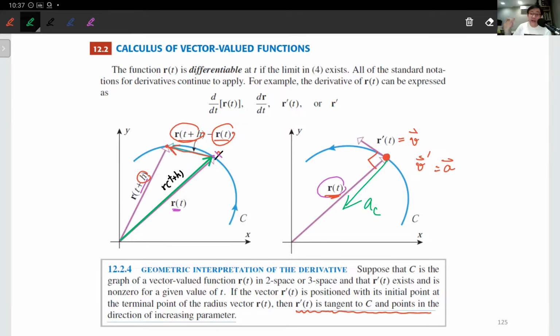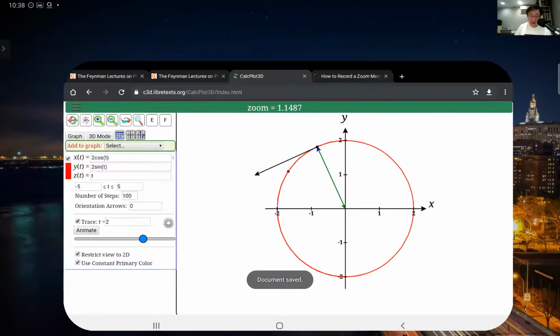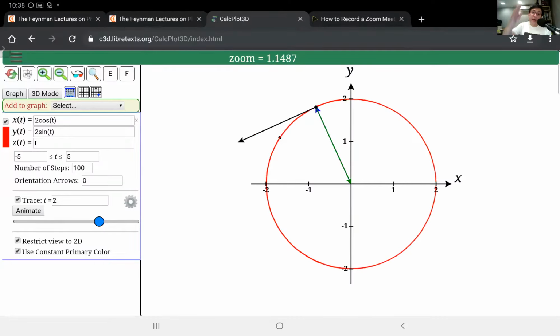So that means the derivative of the v is giving you the green. And that completes the whole picture in the CalcPlot3D that you just saw over here. The blue gives you the position vector. The derivative of the blue gives you the black, the velocity, which of course has to be tangential to that circular motion over there.